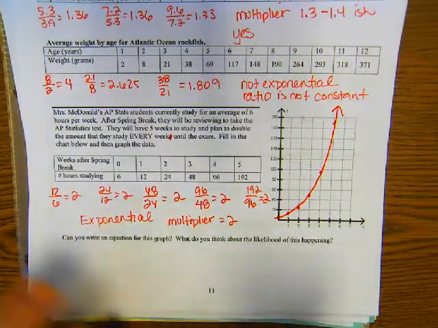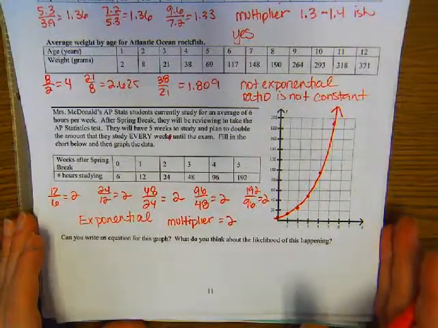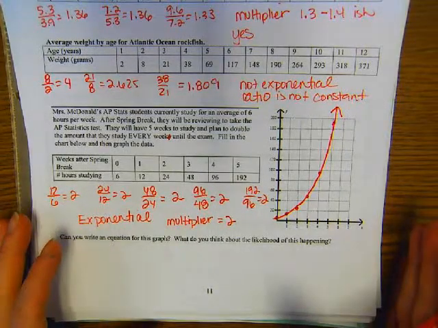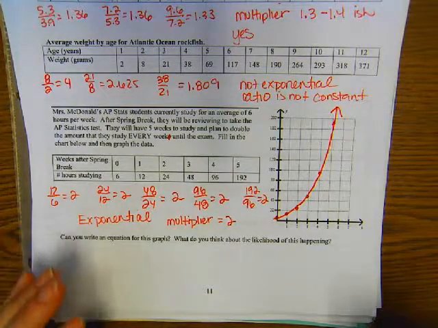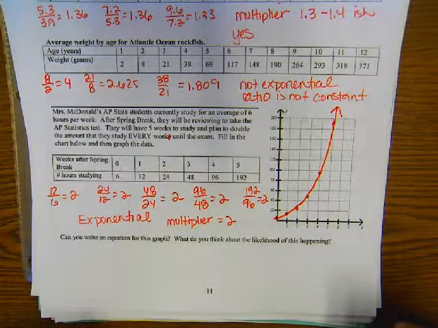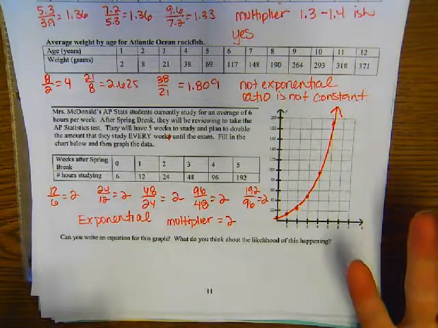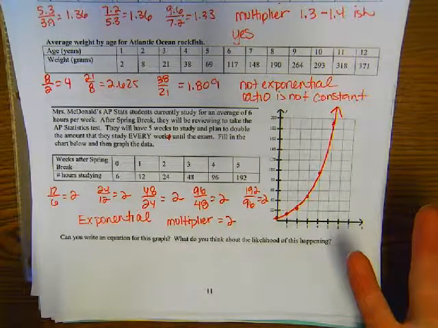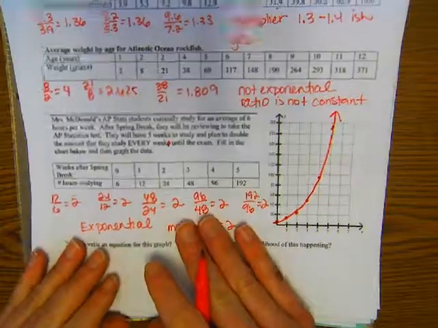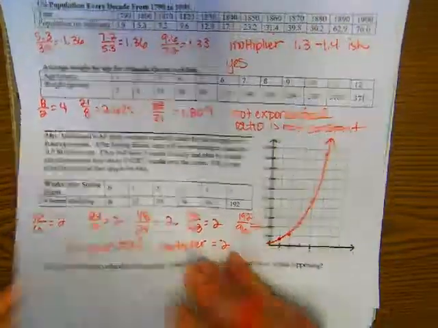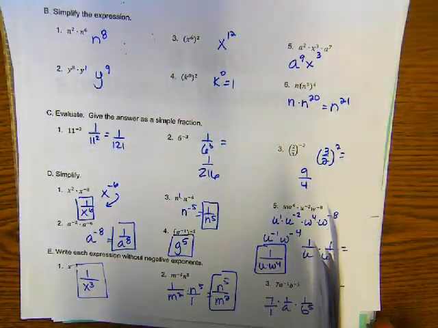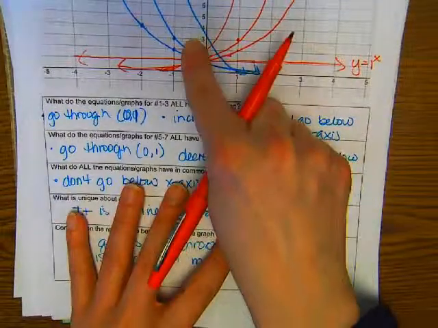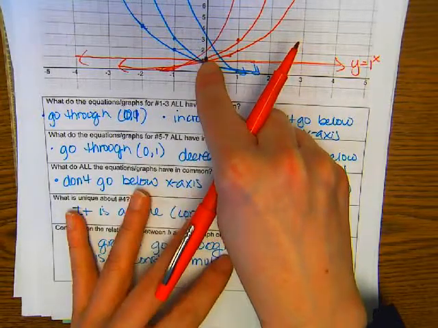So we're going to work on this a little bit more in a minute, but can I write an equation for this graph? Well, if you remember from the last couple days when we've done some activities, we learned that a was our y-intercept. In other words, it was our starting value.